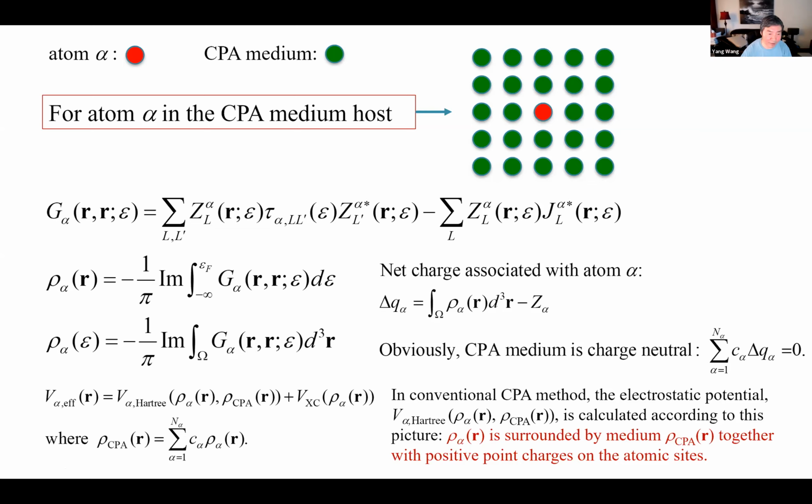So we need to figure out how to calculate this V, the effective LDA or GGA potential, but it requires the charge density. On average, the charge density is an average of the rho alpha, because rho alpha itself represents the charge density on a given particular atom. But for an alloy, on average you can take this average. So this is the approach KKR-CPA is taking.